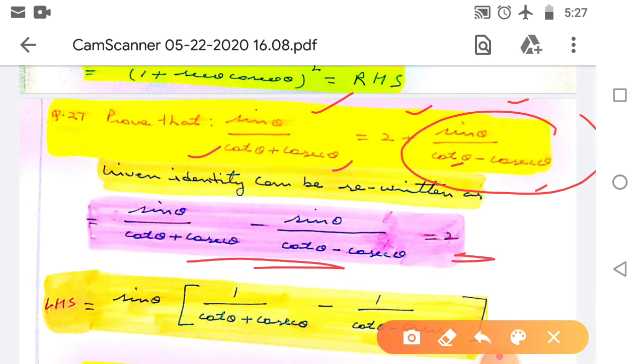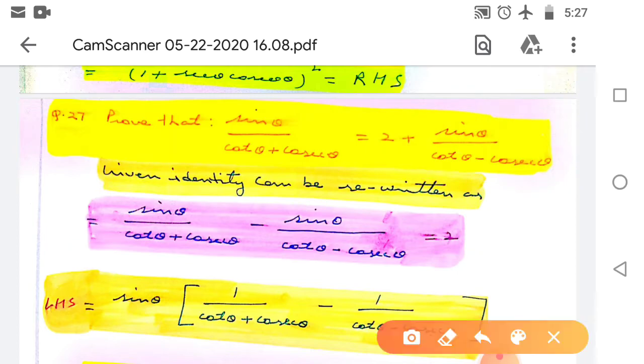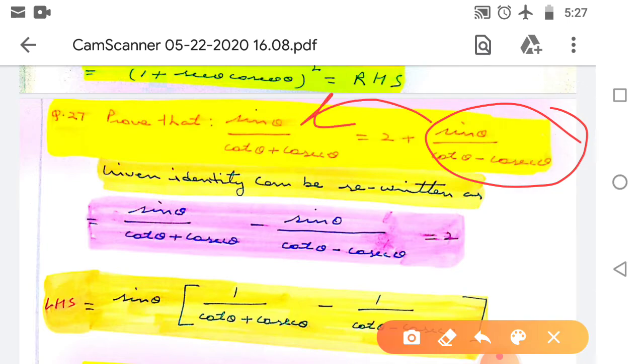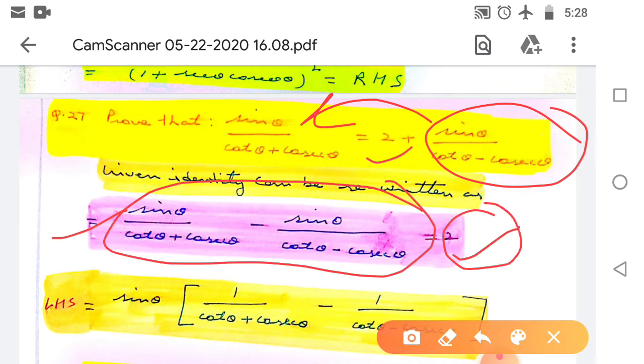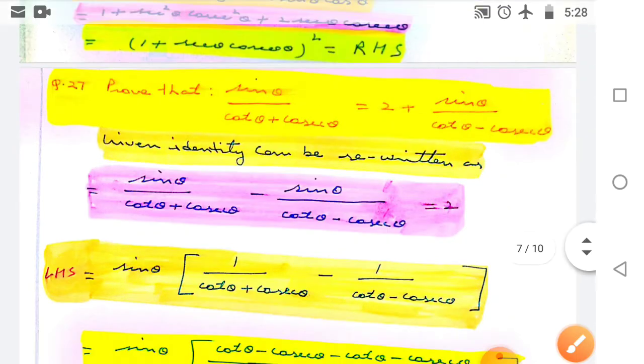So, this is our RHS now, and this is our LHS. Okay, keep in mind we shift this to this side, and on the right hand side 2 is there, and now this is our LHS and this is RHS. So, we start with LHS.